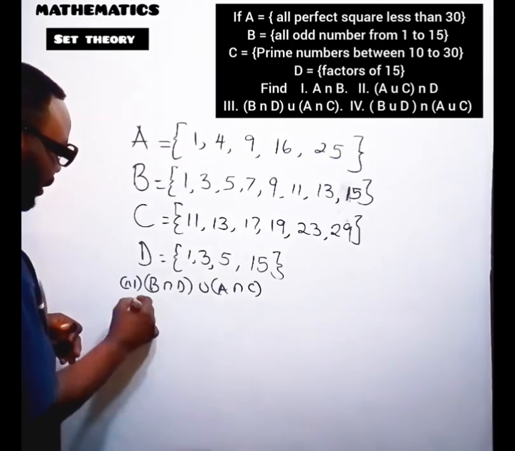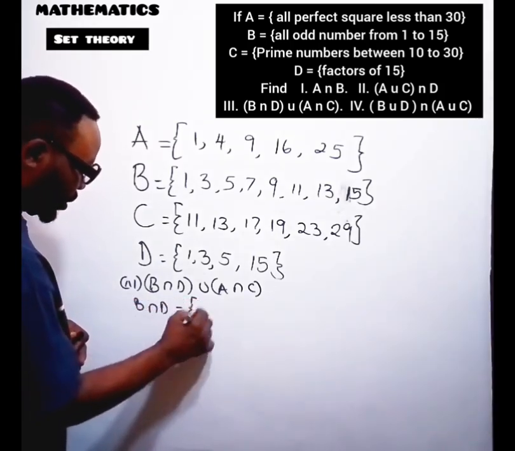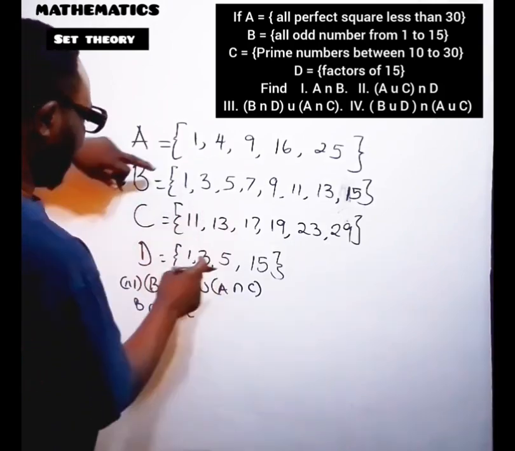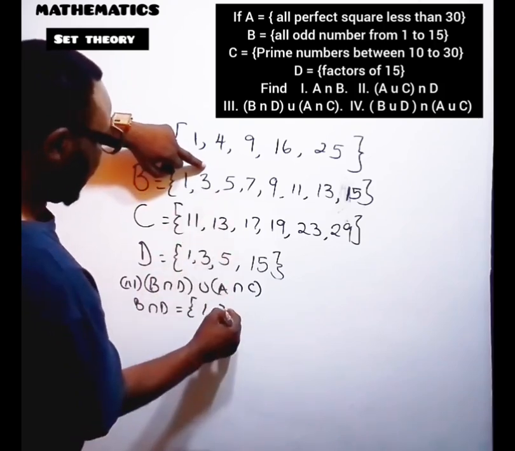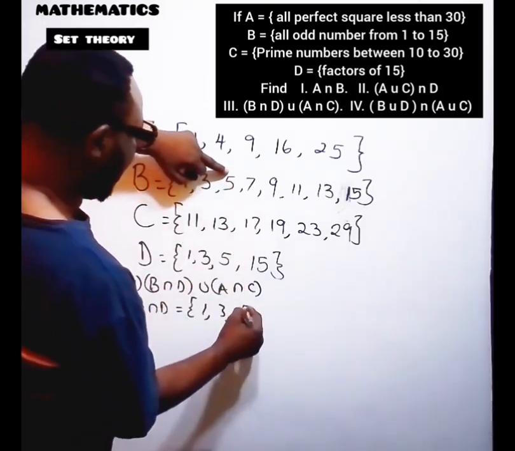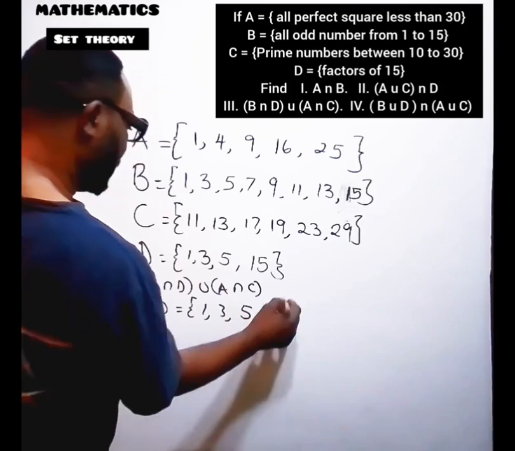B intersection D: what are the common values here? 1, there's 3 here, 3, 5, 5, and they have 15 too, that is 15 as well.